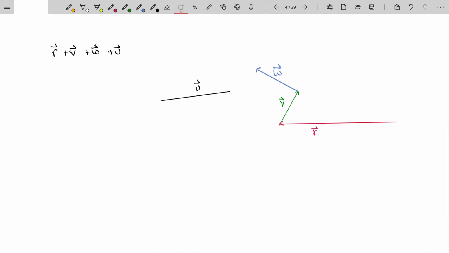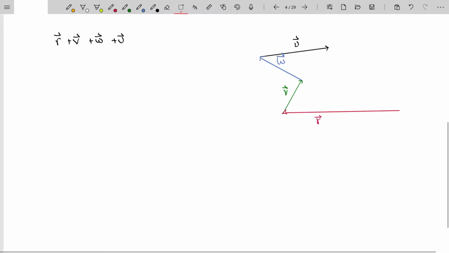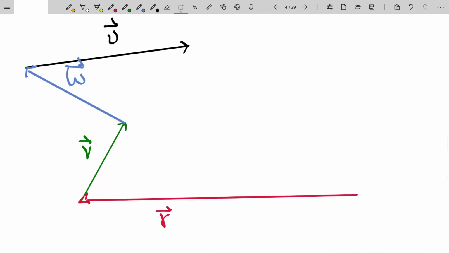And then finally, oh, remember u had this direction to it. Sorry about that. And finally, add u to that. So there you go. Now that summation will be a brand new vector that starts at the initial point of the first vector and ends at the terminal point of the last vector.